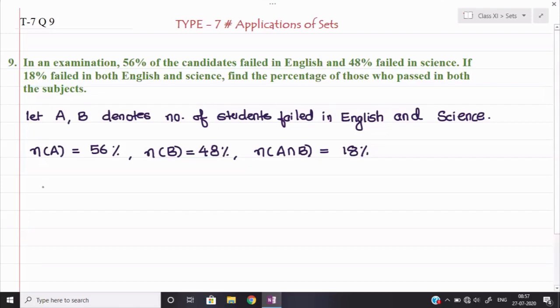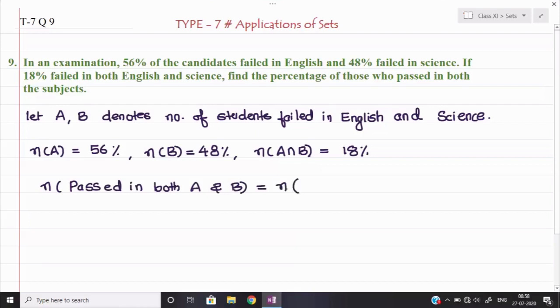Means if I want to find out the number of students passed in both A and B, see in wordings how I can express this one.